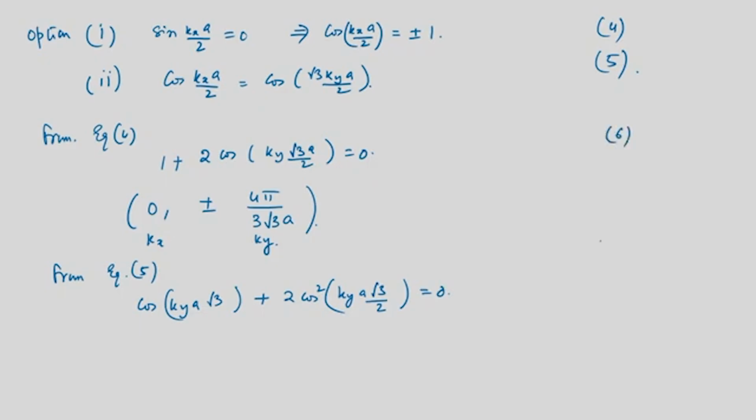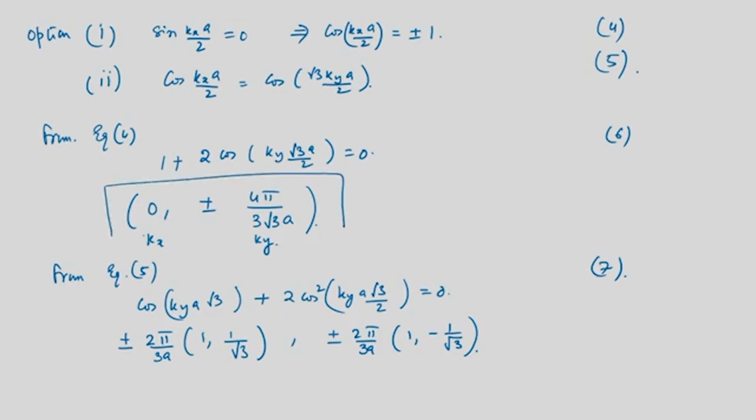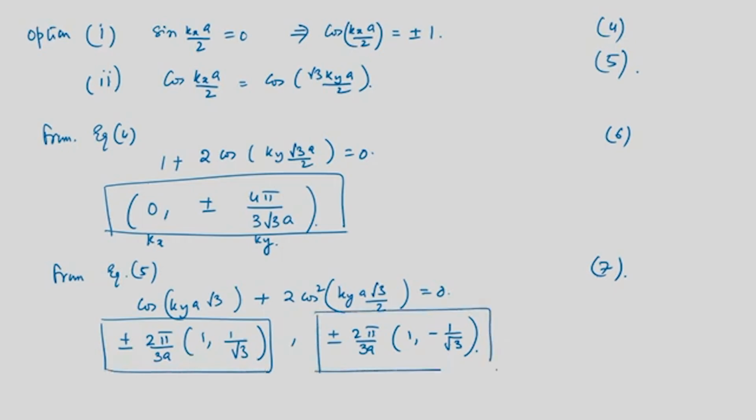So, we have used 6 here, and then we get 4 more points from this equation, and these points are plus minus 2 pi by 3 a (1, 1 by root 3) and plus minus 2 pi by 3 a (1, minus 1 by root 3). Okay. So, we get 2 points here and 4 points, like 2 more points here and 2 more points here. So, that becomes 6 points.